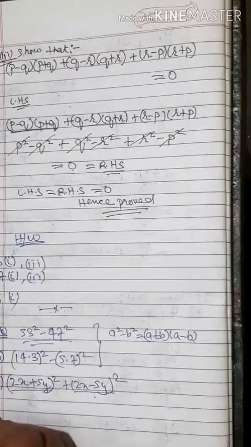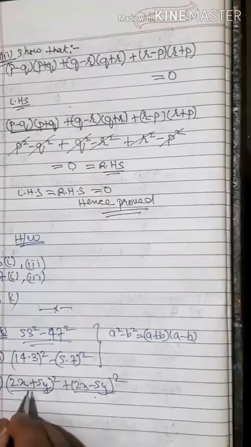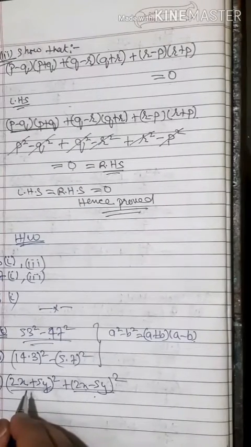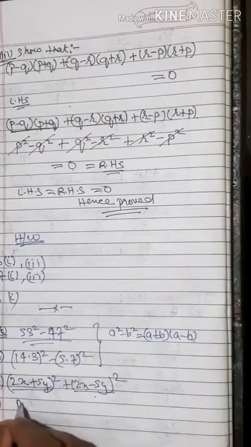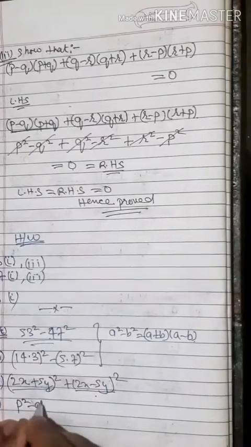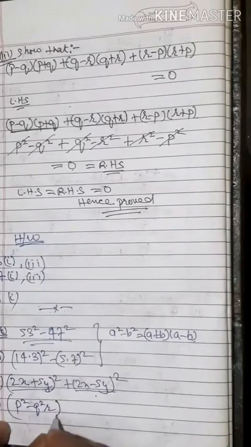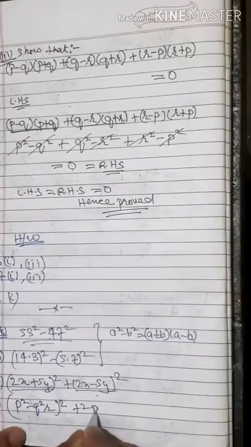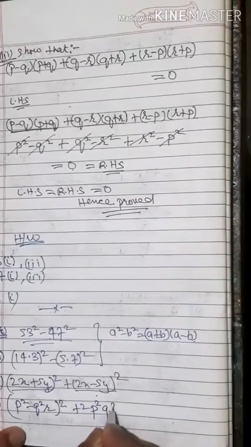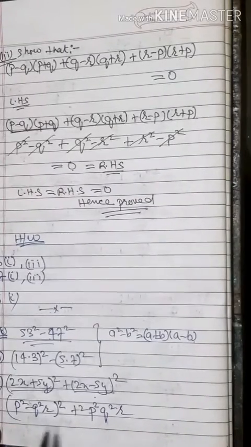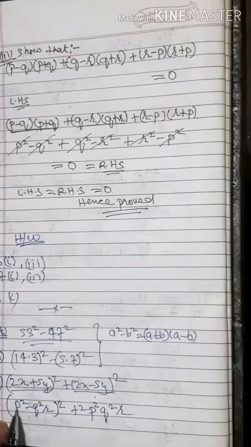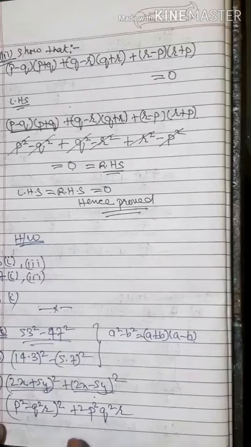Then we have 7 Roman 3: p square minus q square r whole square plus 2p square q square r. This is also a similar type of question. Use the formula for a minus b whole square and expand the bracket.